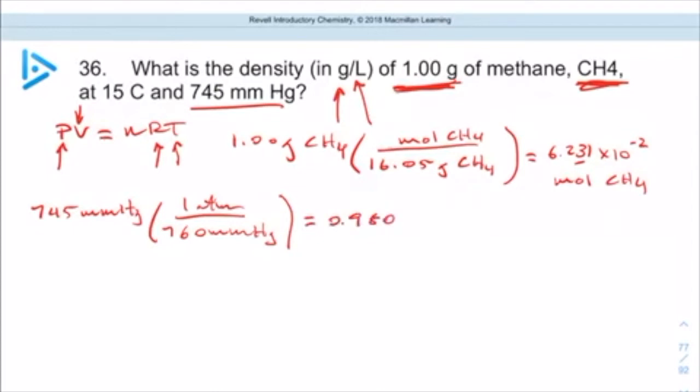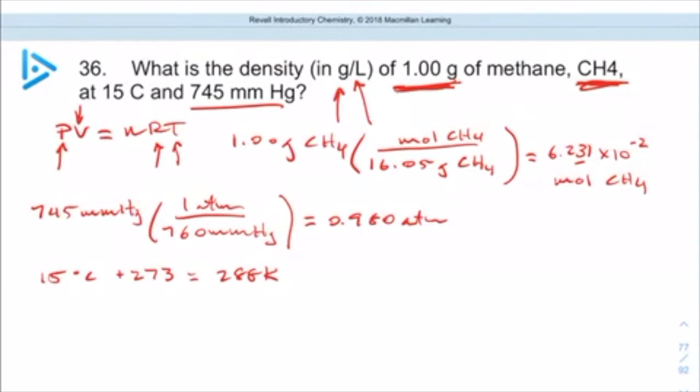And that comes out to be 0.980 atm. And temperature is 288 Kelvin. All right, so let's rearrange to solve for the volume.